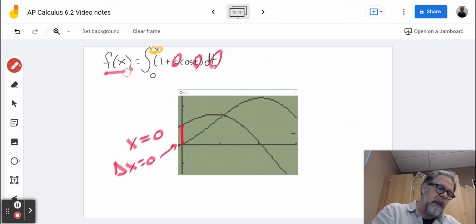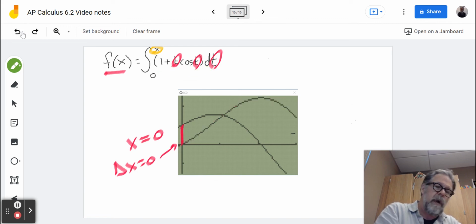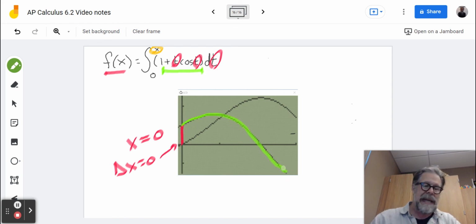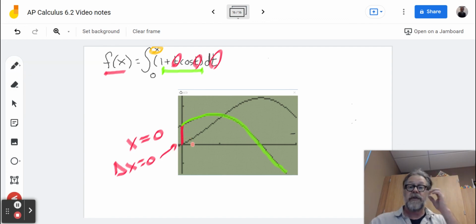But that means that the accumulator function f of x must be here, and that the function itself, whoops, went too far there, the function itself must be this. And it doesn't really matter if I have any idea how to calculate it or what it looks like. The area right here has to be 0, so there's no question that this accumulator function must have started with an area of 0.